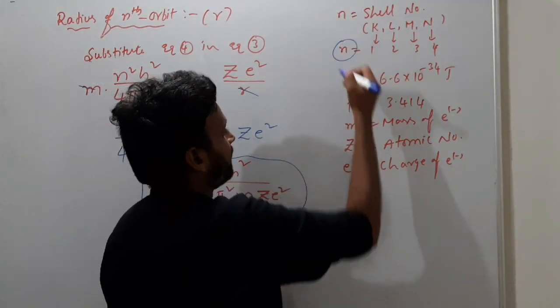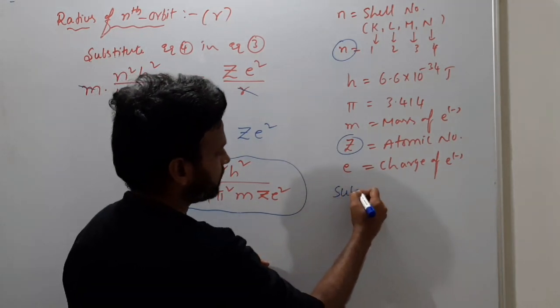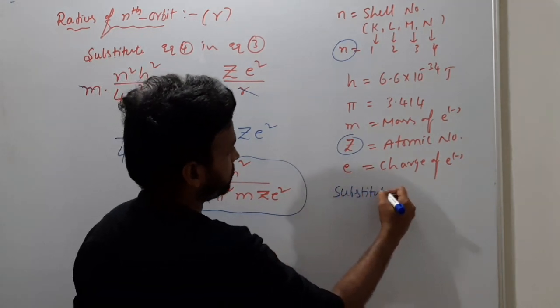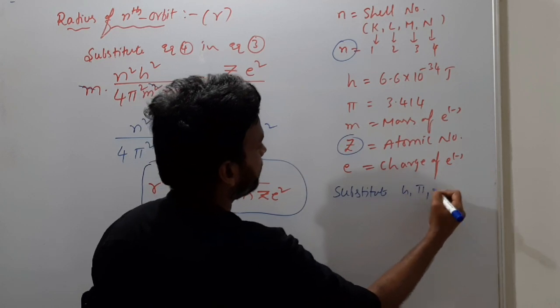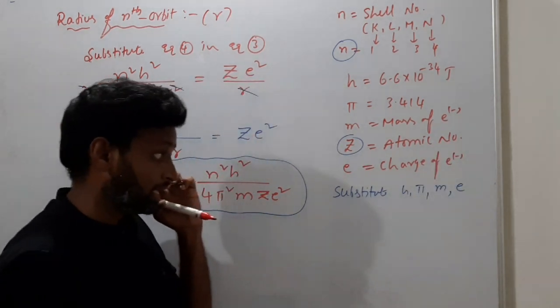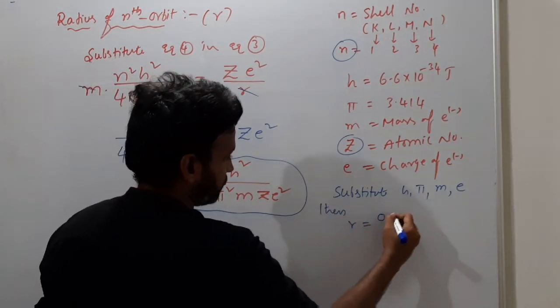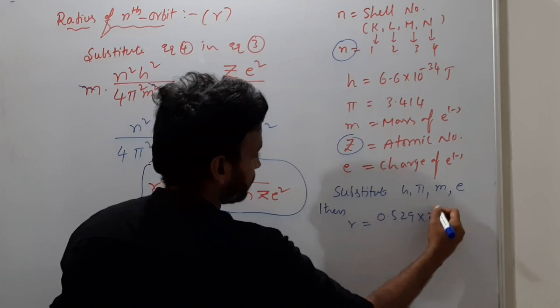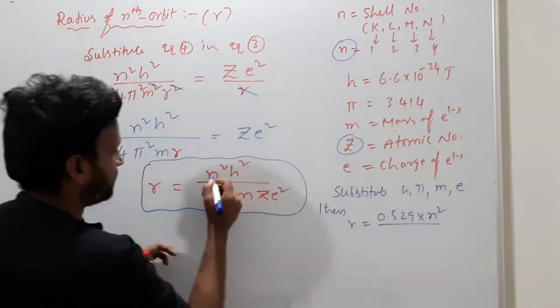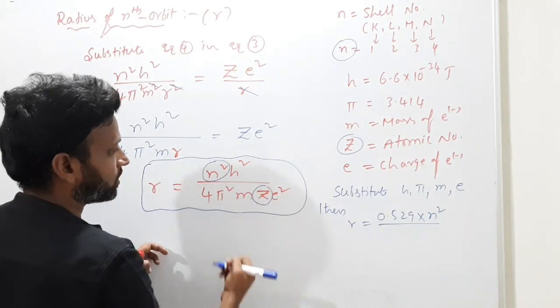Except N and Z, you can substitute the H value, pi value, M value and charge of electron, then you will get the radius: 0.529 into n square by Z. You cannot substitute n square and Z.